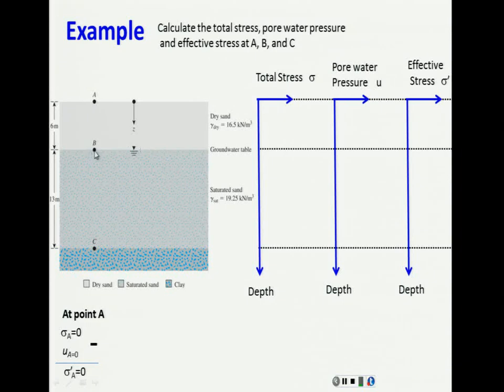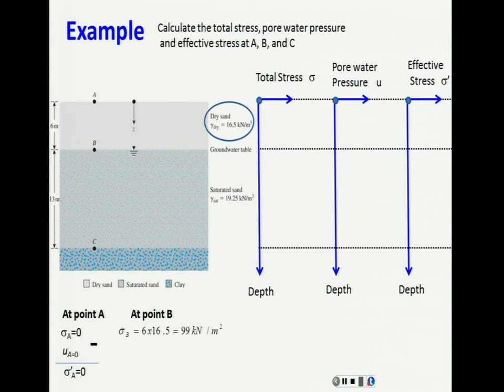Now at the point B, this point. Total stress is the summation of everything that is on top of that point B. But what I have on top of the point B is dry sand. Basically, the total stress at the point B is going to be this unit weight multiplied by 6. This is the total stress at the point B. What is the pore water pressure at the point B?